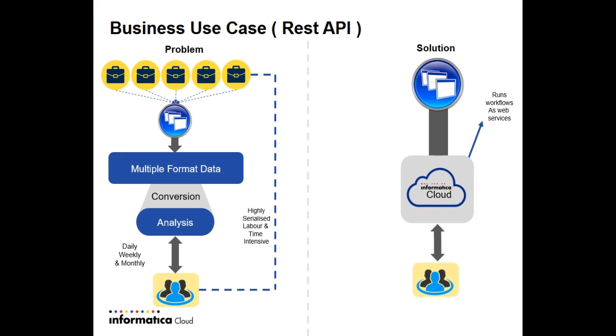The data could be updated on a daily, weekly, or monthly basis. With the help of the Informatica Cloud REST API, the tasks were run and scheduled without any manual intervention. This increased the efficiency of all the services provided by the organization.